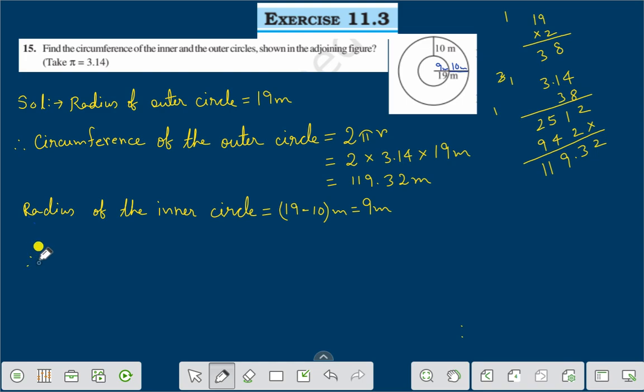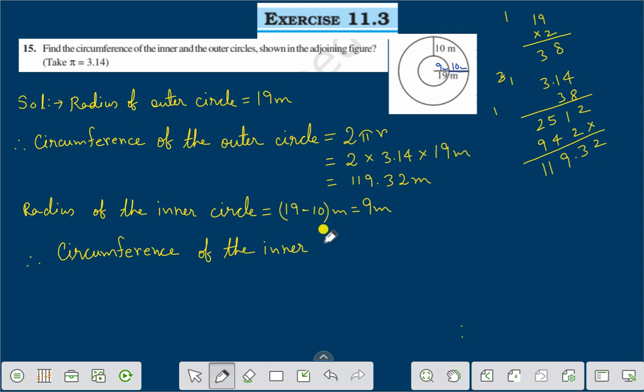Therefore circumference of the inner circle.